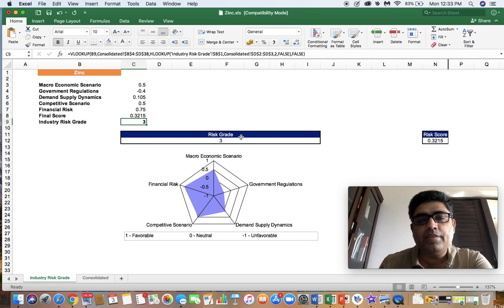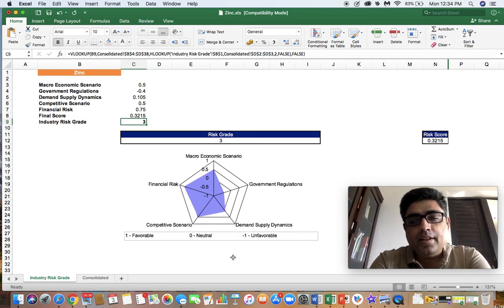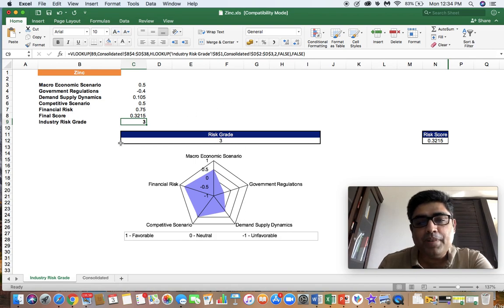So overall, you give a risk grade, say of 3, which is coming over here, and you place it across with a spider web chart, as you see over here. You can place this in the report that you are placing across.